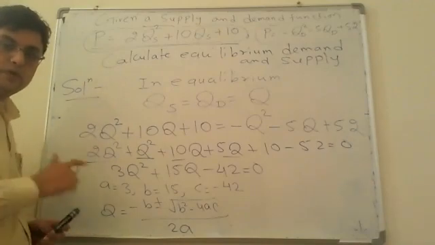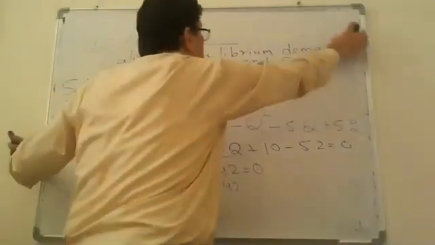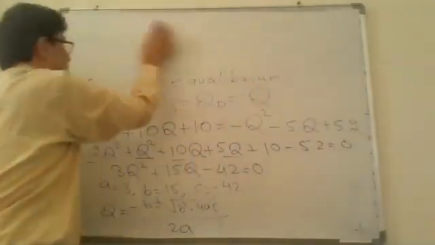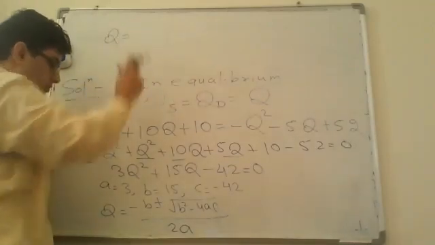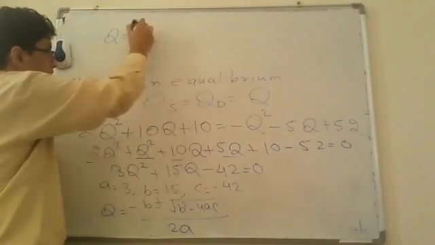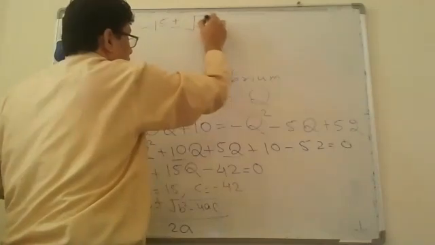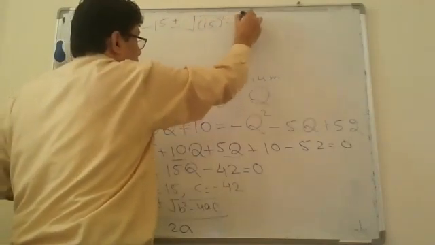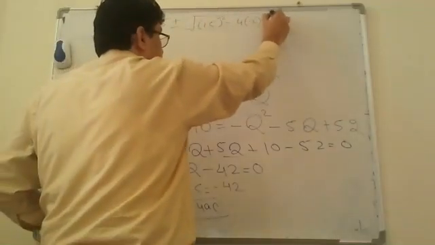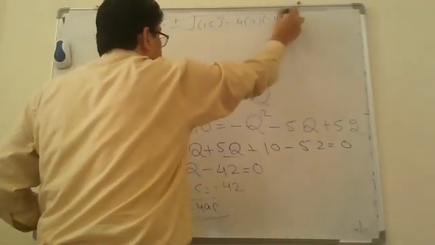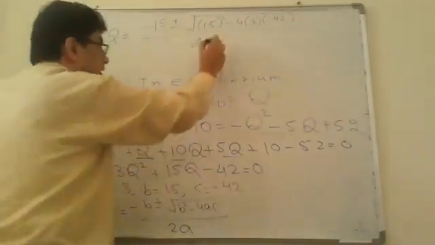Let's use this formula. q equals minus 15 plus or minus the square root of b square minus 4 times a, where a is 3 and c is minus 42, divided by 2 multiplied by 3.